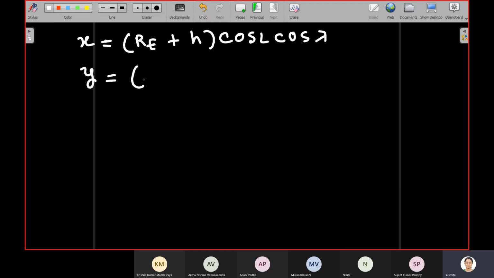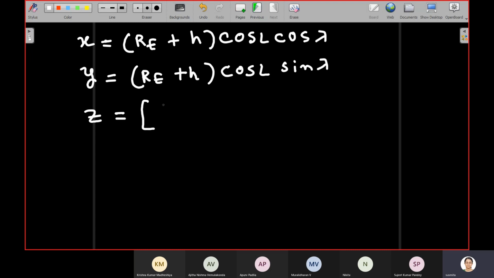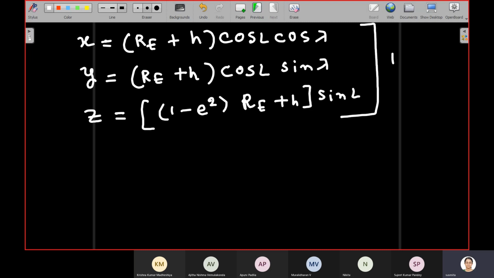Y is equal to (RD plus H) plus L sin lambda, and Z is equal to... so this is what we need to prove.